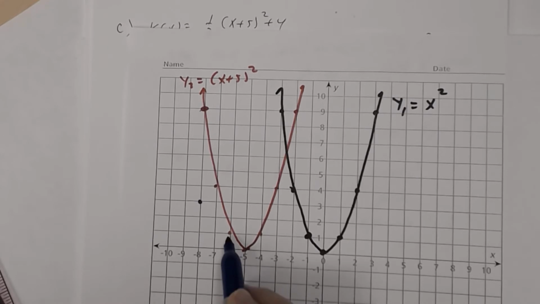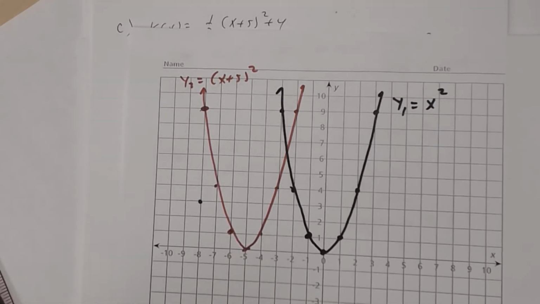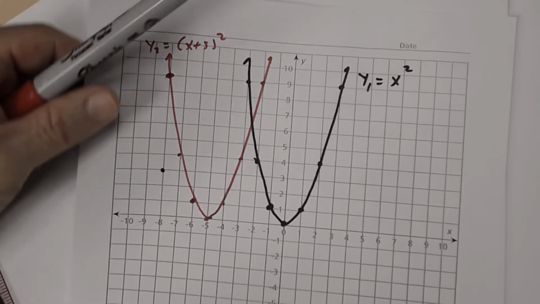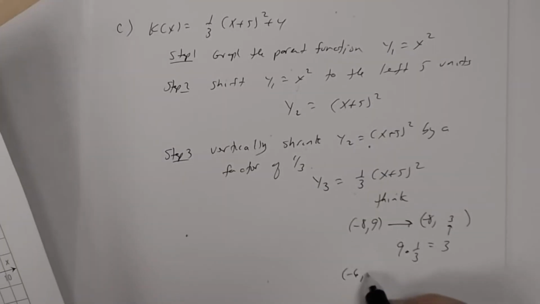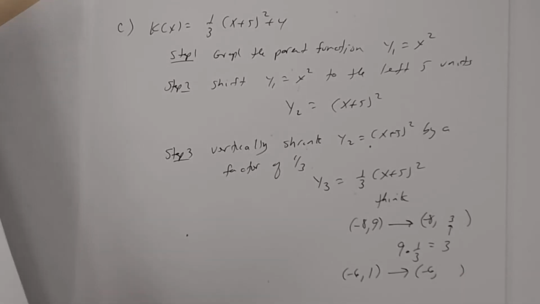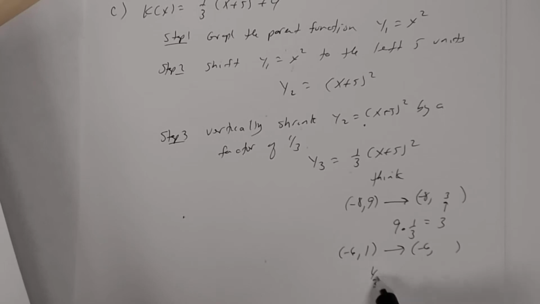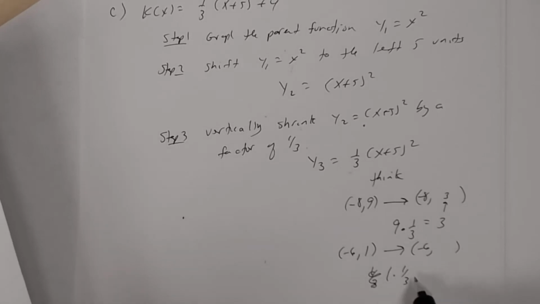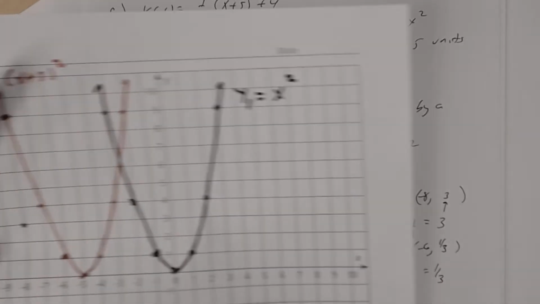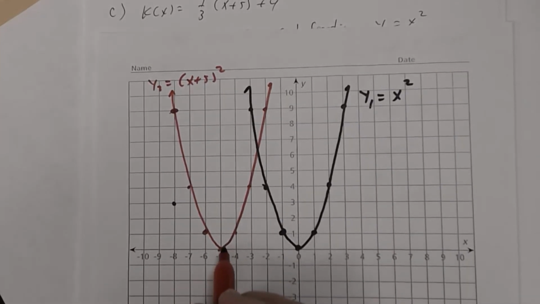Okay? All right, let's look at this point. This is the point (-6, 1), right? Let's think about that. It becomes -6, and I take the 1 and multiply by 1/3. So what's 1 times 1/3? 1/3. So that becomes the point (-6, 1/3), which is about here, right?